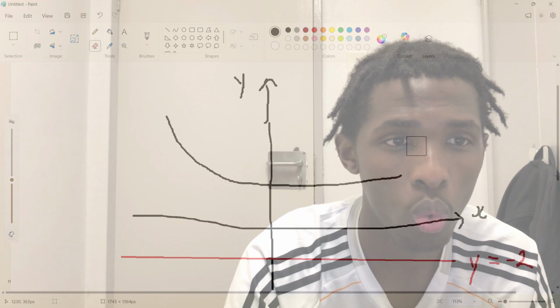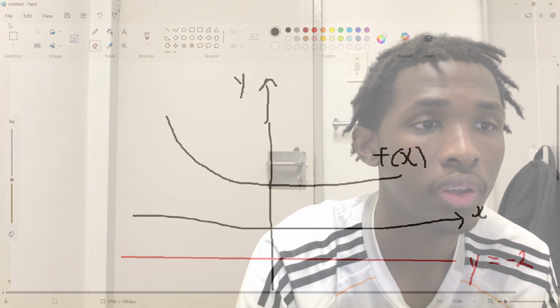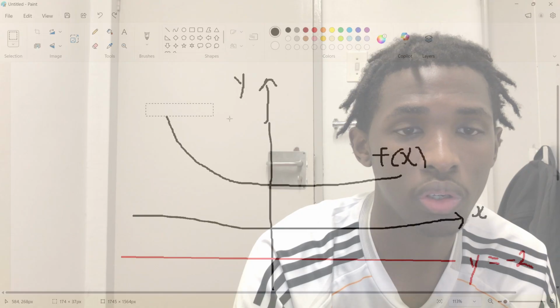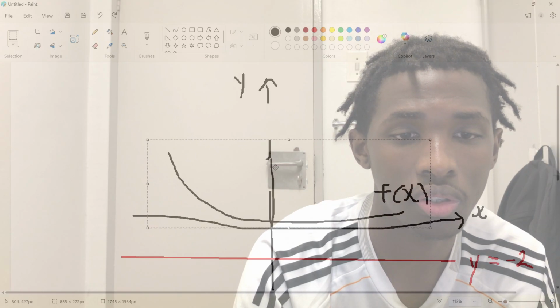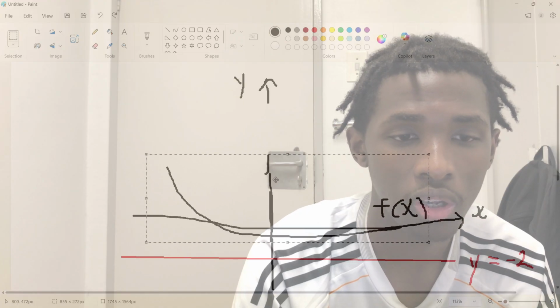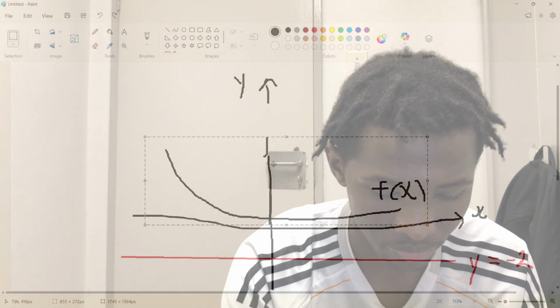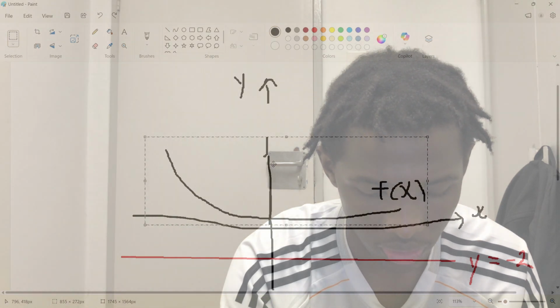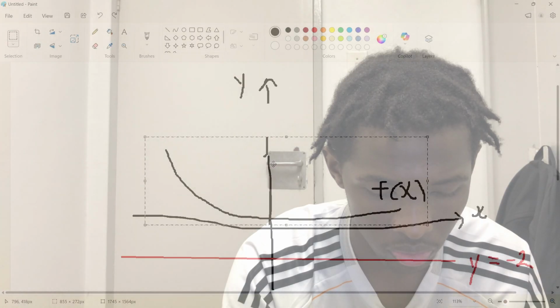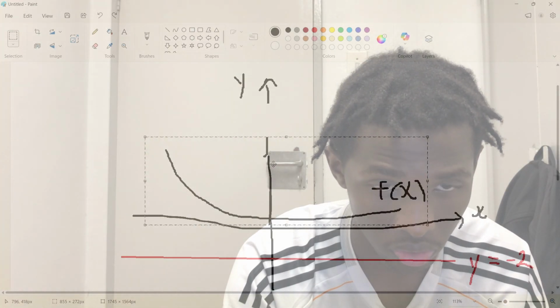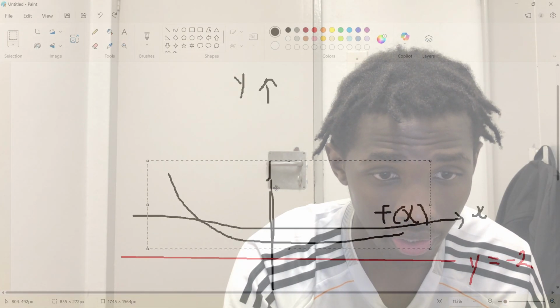Can I do this quick? Nah, this won't be quick. It will cut the entire thing. Look at this. It goes something like this. It cuts the graph here at -1.